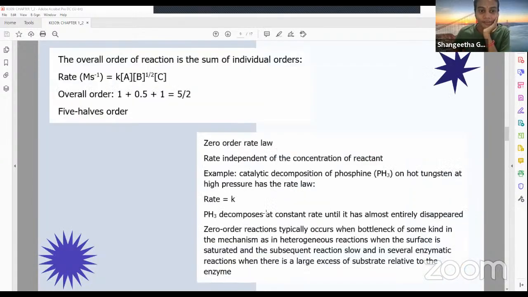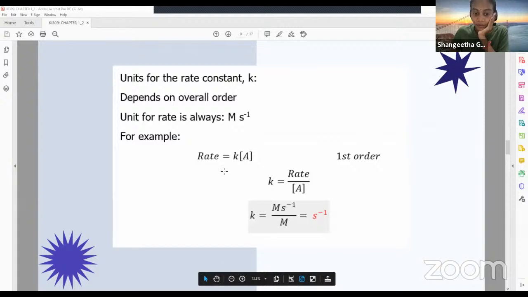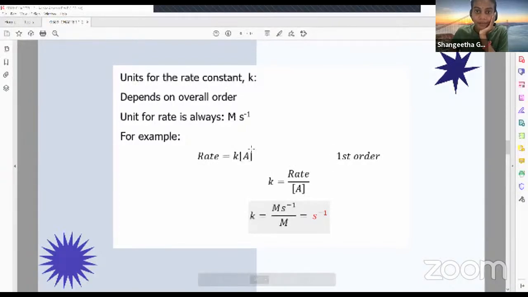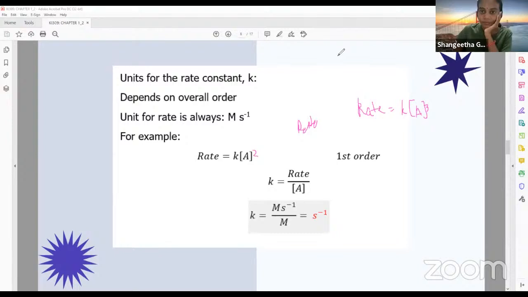Okay, all right. So similarly, if you do this for second order or third order, you need to annotate either 2 for second order, or rate equals k[A]^3 for third order. Hold on, let me just write properly. You do exactly the same as this in order to obtain the units.